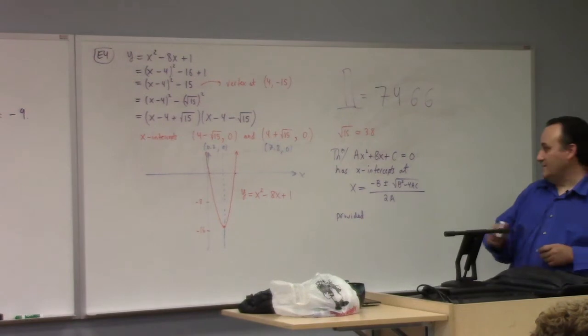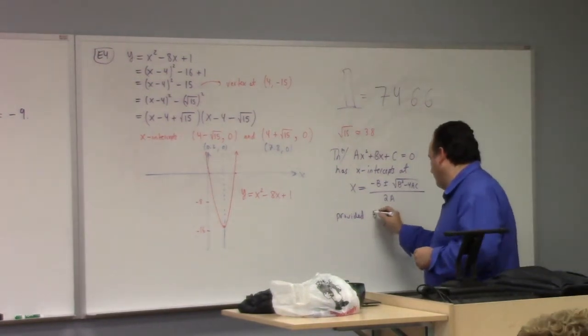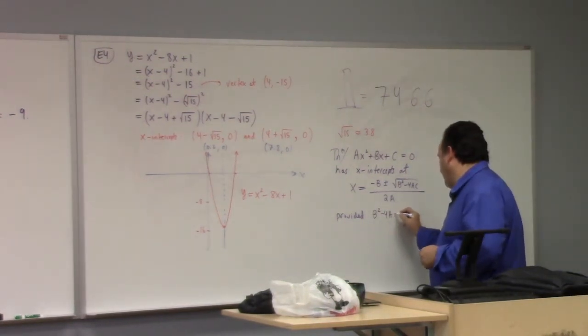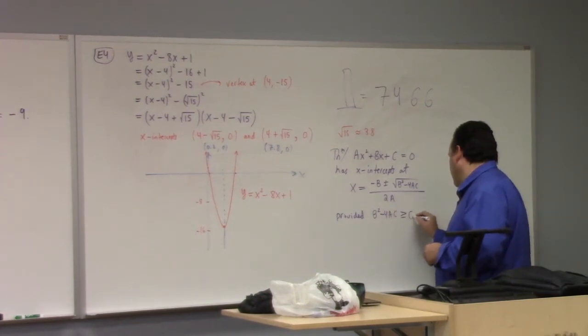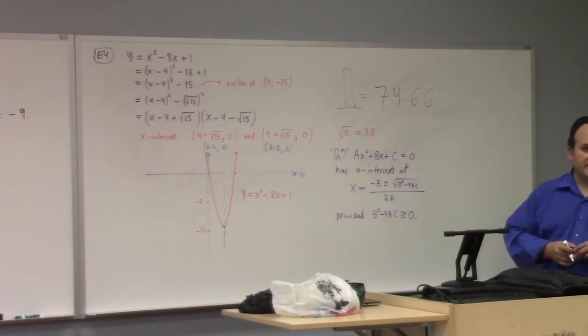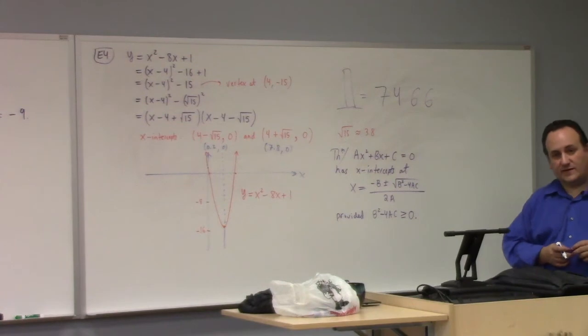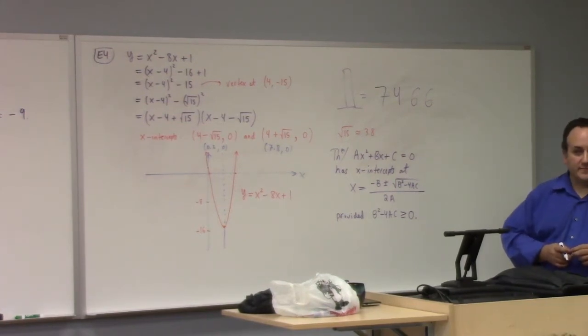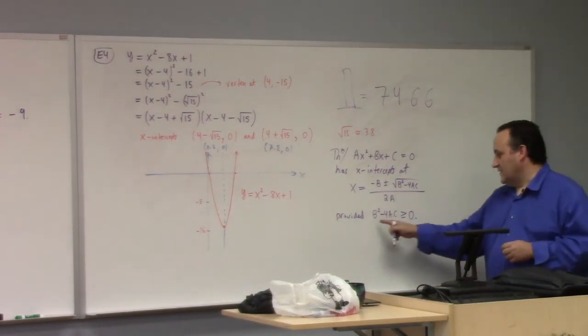What do we need? We need that b squared minus 4ac is what? It must be greater than or equal to 0. Otherwise the solutions are complex, which means that there are no x-intercepts, like in example 1. So this thing is called the discriminant.